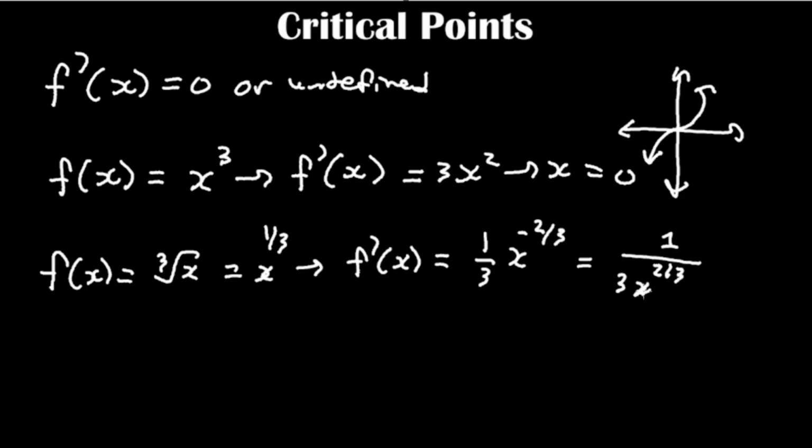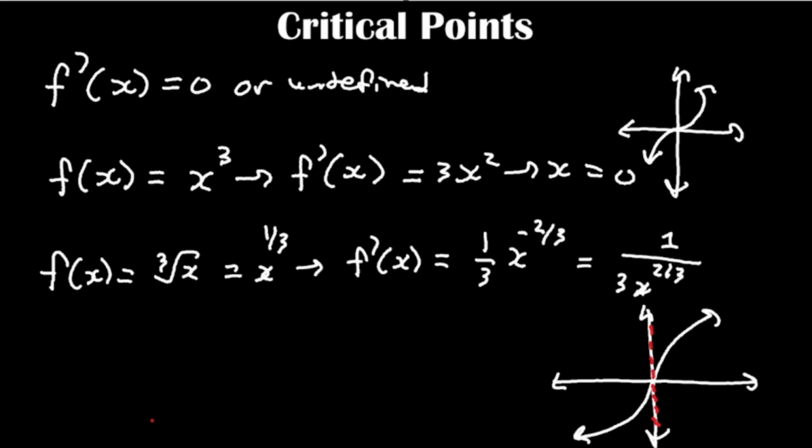Now notice, the denominator is going to be 0 if you plug in x equals 0. So the first derivative is undefined at x equals 0. And if you think about the cube root function, it kind of has that vertical tangent like I was talking about.